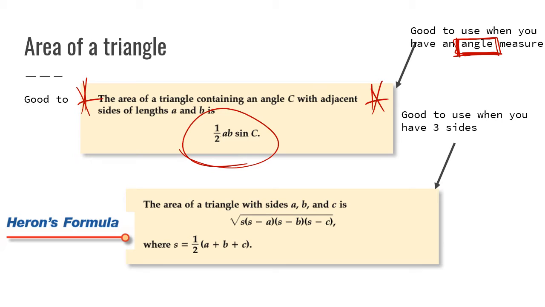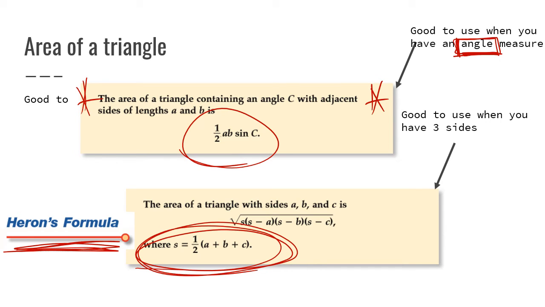Then we have the second formula, which is called Heron's formula, and that's this equation right here. This is best to use if you have all three sides. So if you have all three sides, you want to go with this one, which is 1/2 times (A plus B plus C). All right, let's get started.